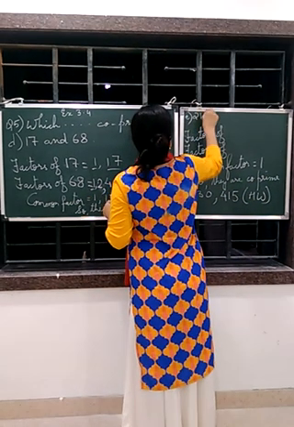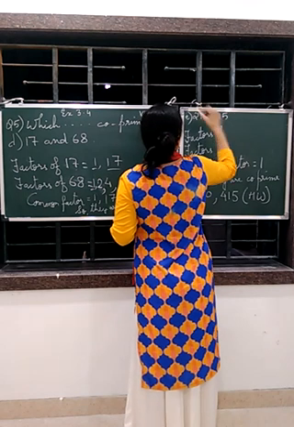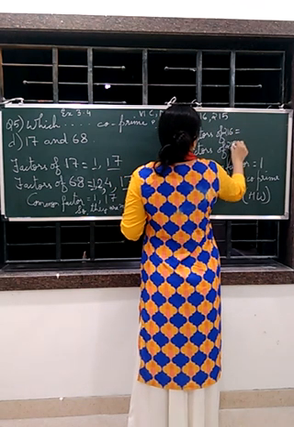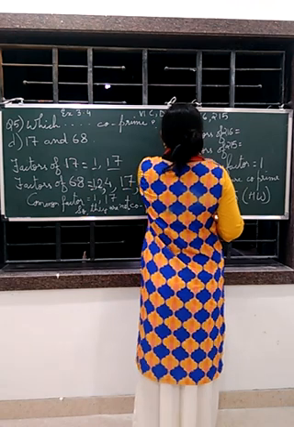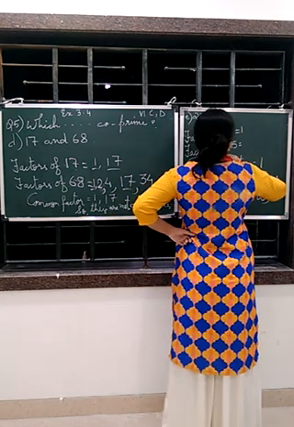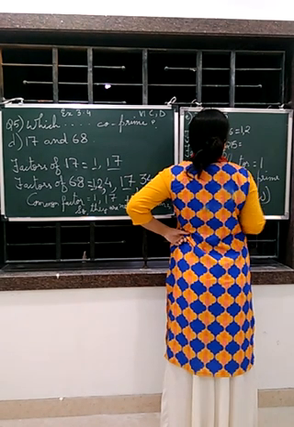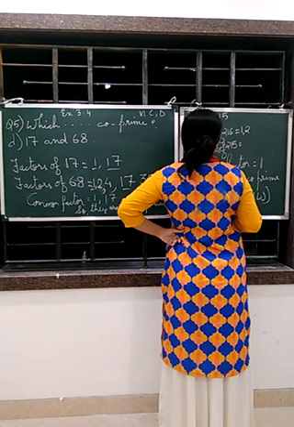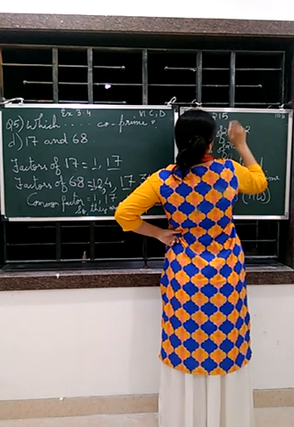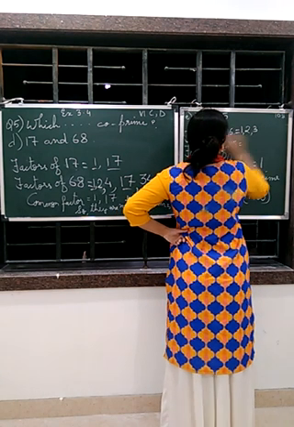So the factors of 216 and 215. It will be 1 and 216, then 2 and 108. I'm writing it here. Then it will be 3.